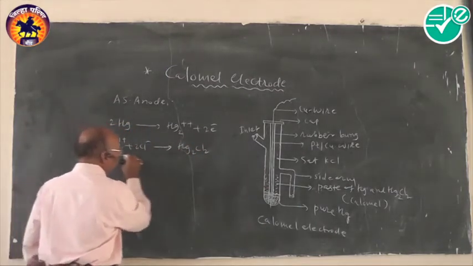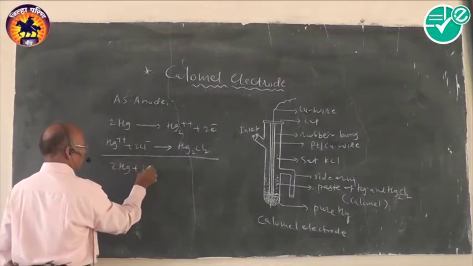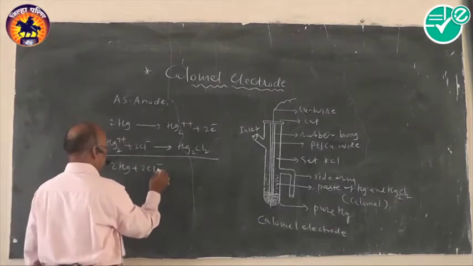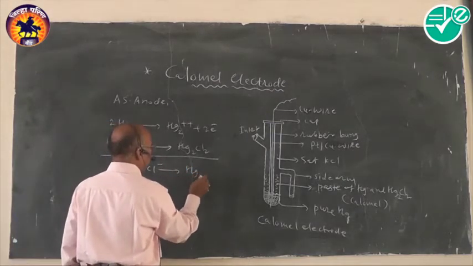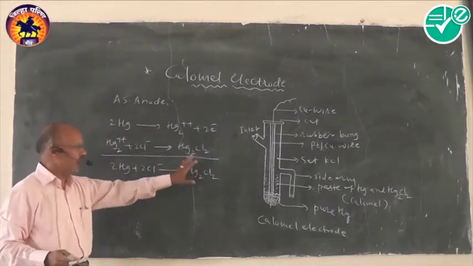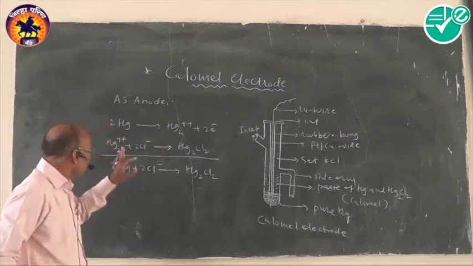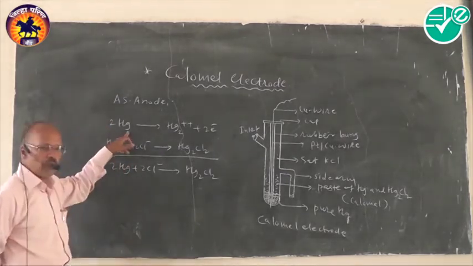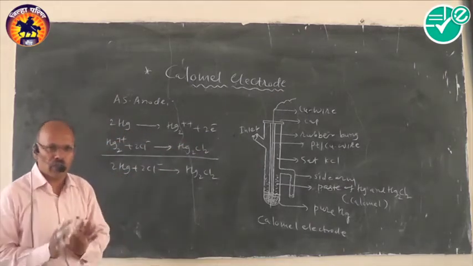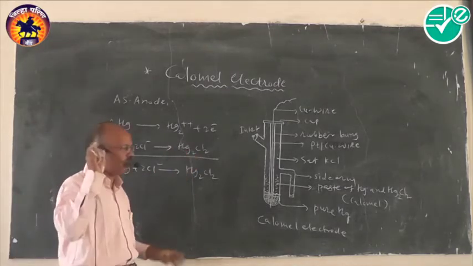If we write the overall reaction, we can write it as 2Hg plus 2 chloride ions produces Hg2Cl2, forming mercurous chloride. It is the first result. In this case, what is the change in oxidation number? The change in oxidation number of mercury is from 0 to +1, showing a process of oxidation. In this condition, this electrode acts as an anode. That is the first thing.